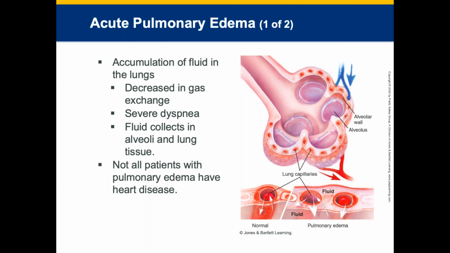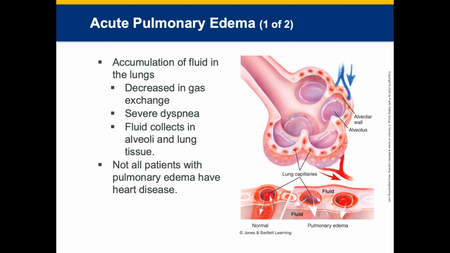All right. Severe myocardial damage caused by an acute or chronic problem results in a reduced contractile force of the myocardium. If the left side of the heart cannot remove blood from the lungs as fast as the right side delivers it, we start seeing a backup of fluid into the lung space itself, and that's when we start getting acute pulmonary edema.